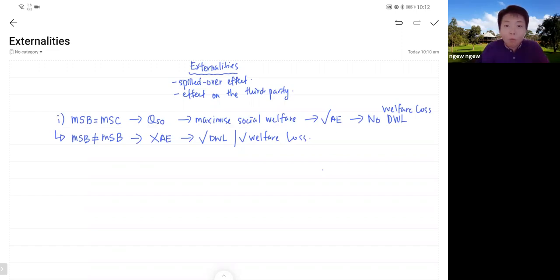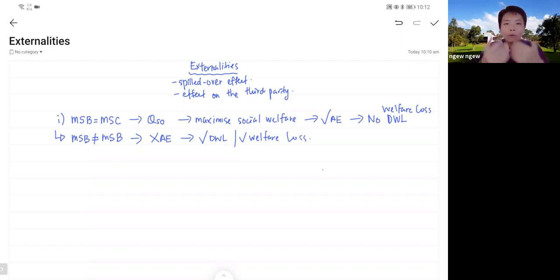So it spills over to someone else. You are drinking, spilled over to someone beside you. I don't know how you drink, okay? Secondly, we can also define it as the effect on the third party. The third party are those who are not involved in the production or in the consumption of that particular product.